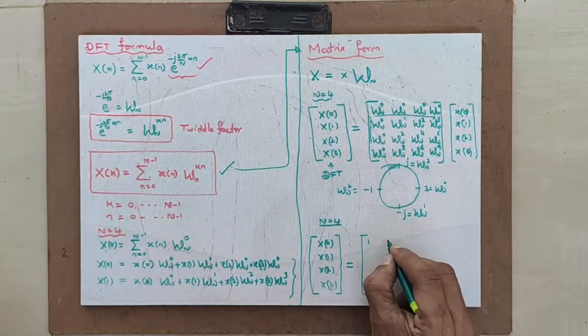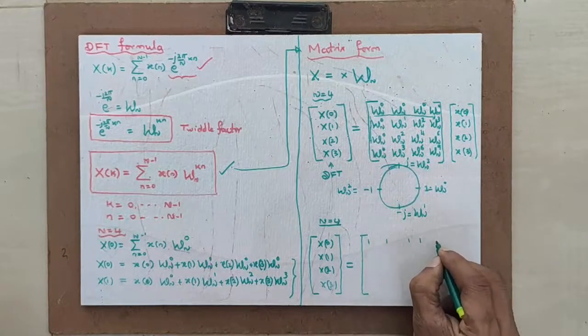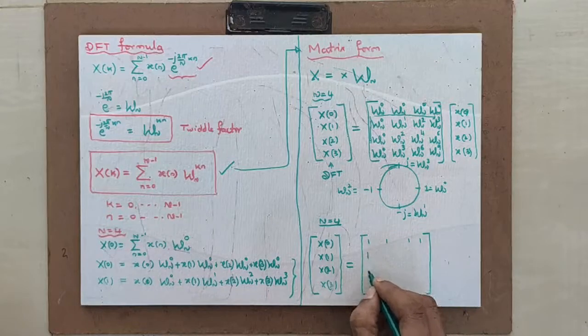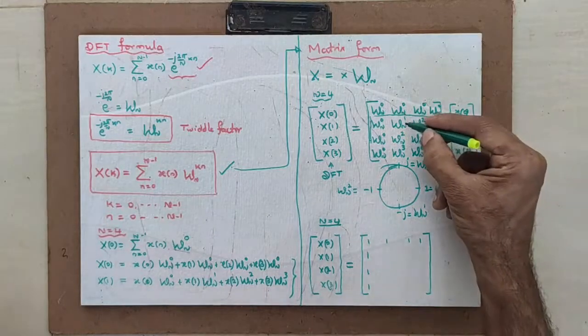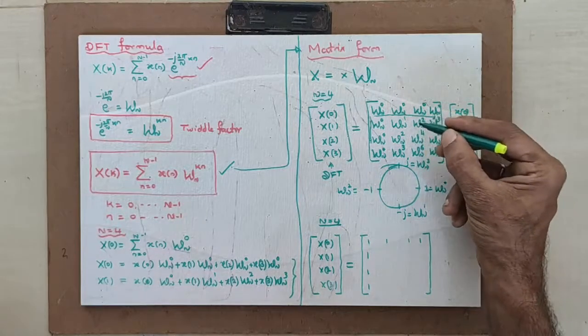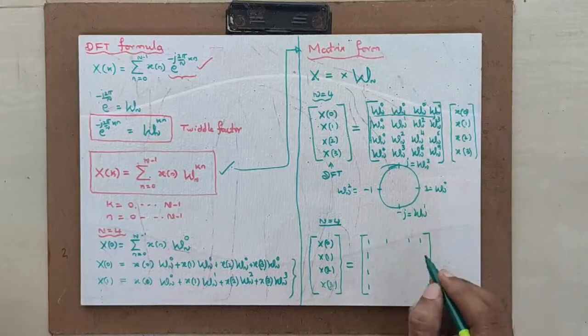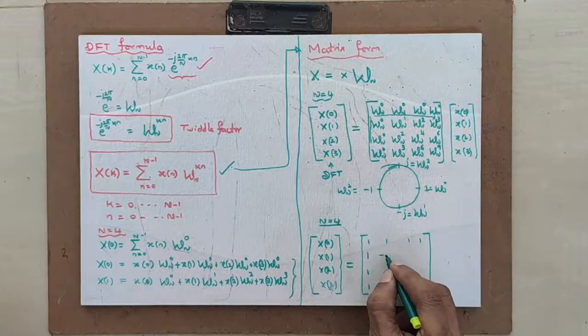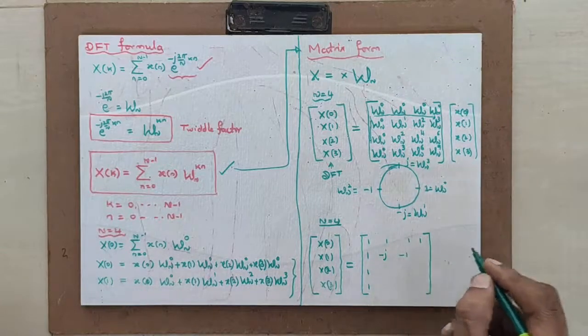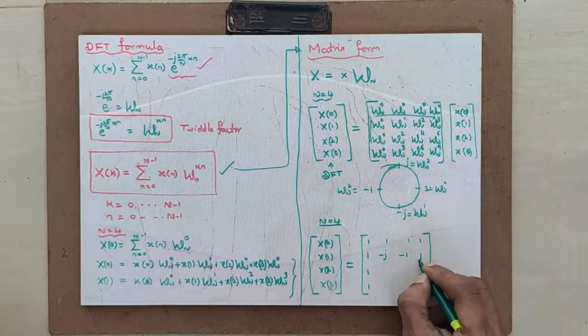Wn0, please fill it with 1 1 1 1. Similarly, first column 1 1 1 1. Now Wn1, what is Wn1? Wn1 is minus j. Wn2 minus 1, Wn3 plus j.